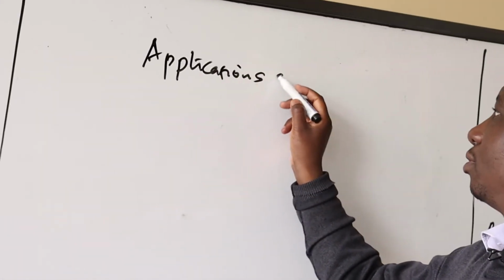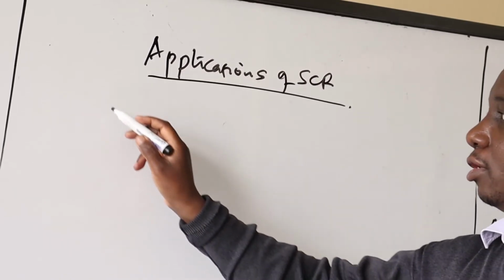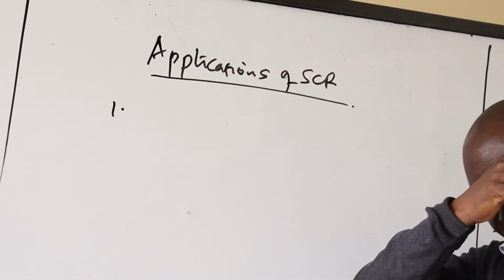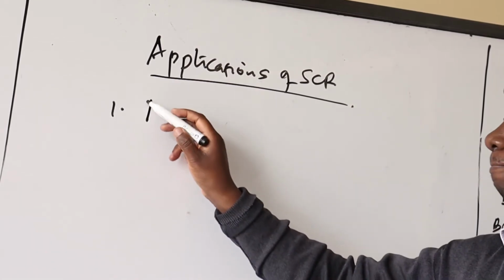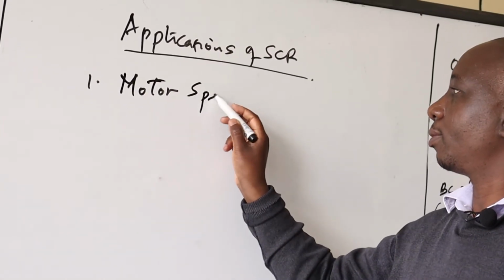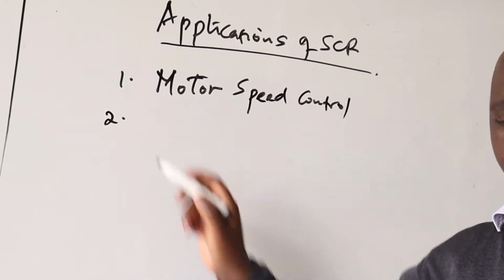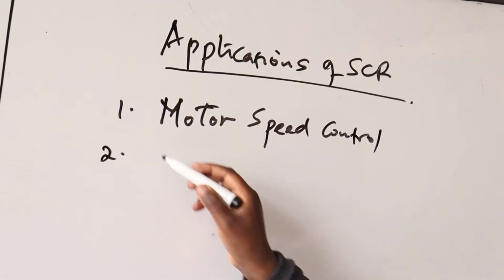So we can have number one as motor speed control. Speed control. We can talk number two as battery chargers.